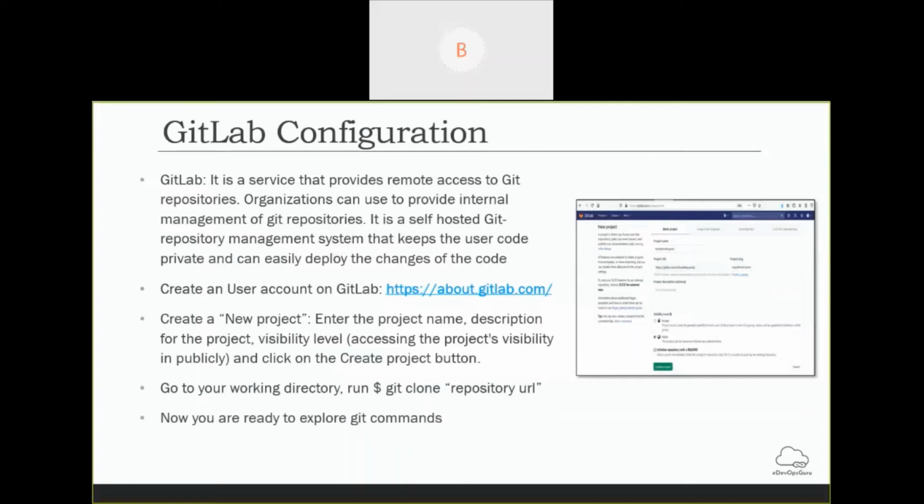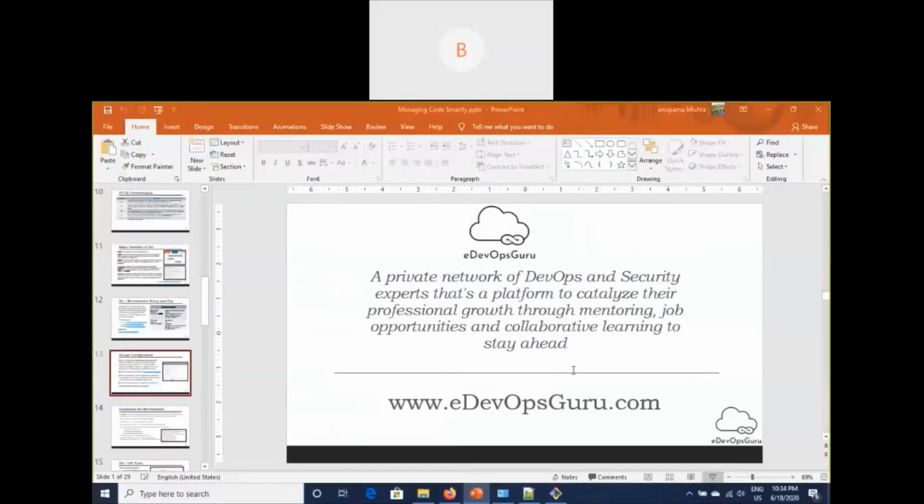You can also use your own private GitLab account to maintain your Git projects, so it is not a headache of storing everything on your local machine. You can put it in your GitLab account. How to create it, I will show you in the UI of GitLab.